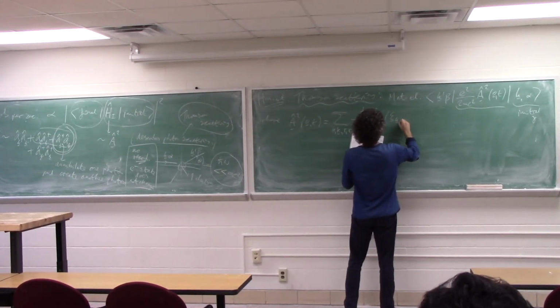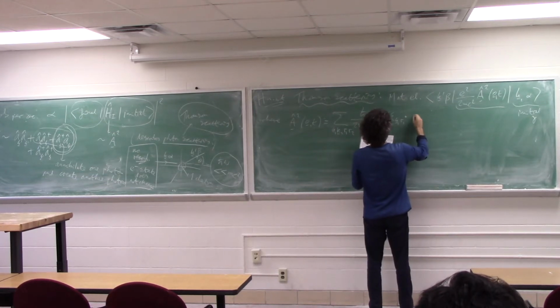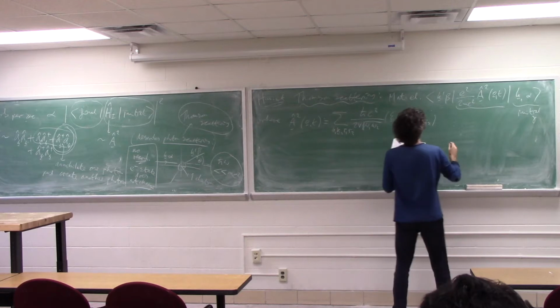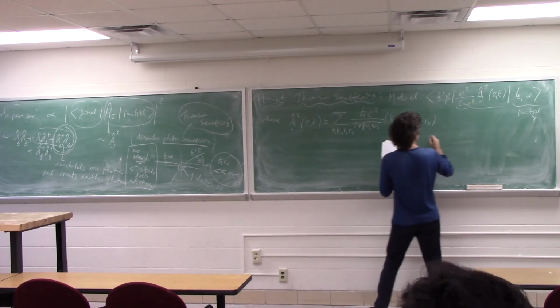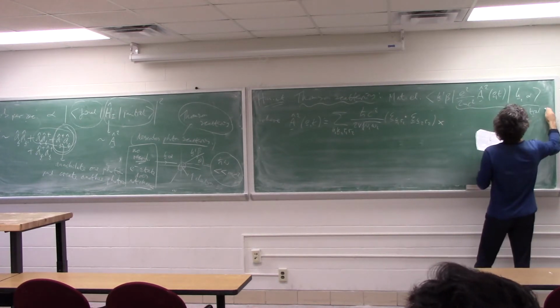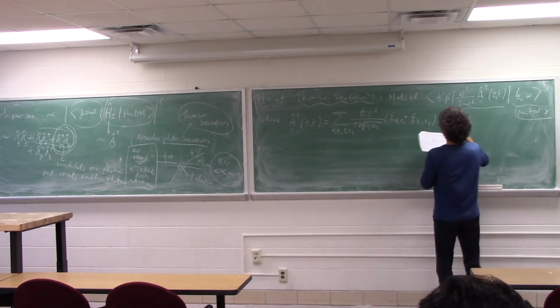epsilon k1 r1 dot epsilon k2 r2 times, and here is where the interesting parts are.